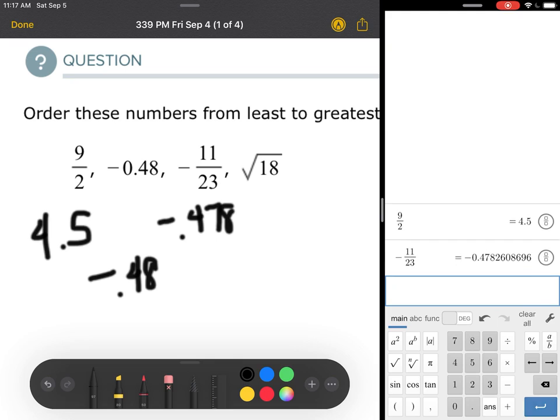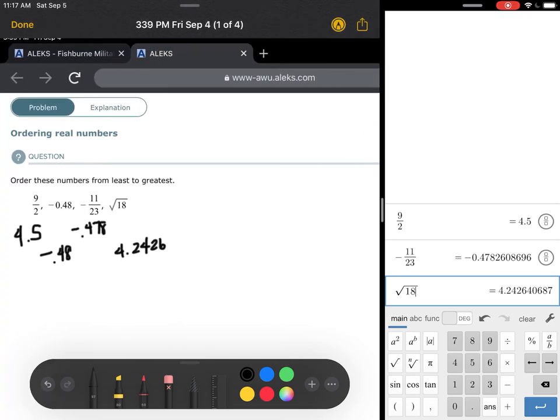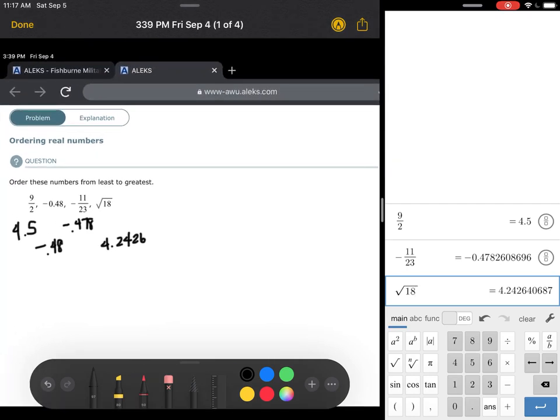And then this next one, the square root of 18, which gives me 4.2426.